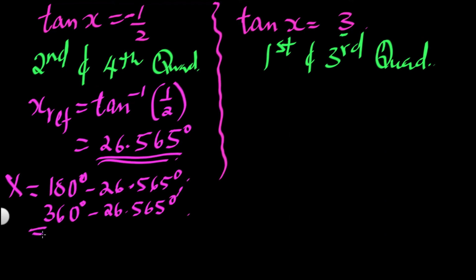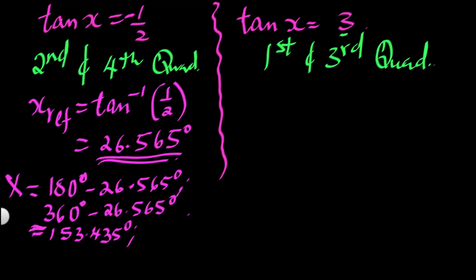So what do we get here? 180 minus 26.565 degrees. I get 153.435 degrees.